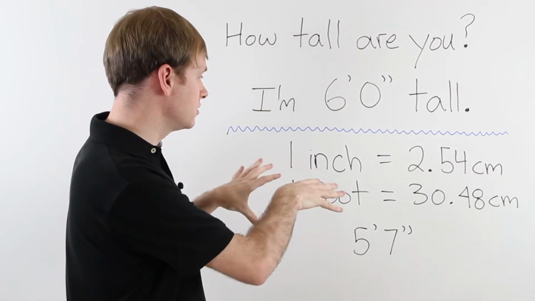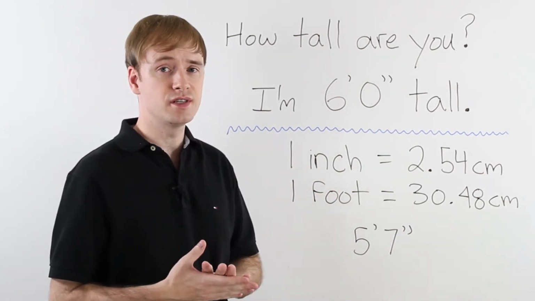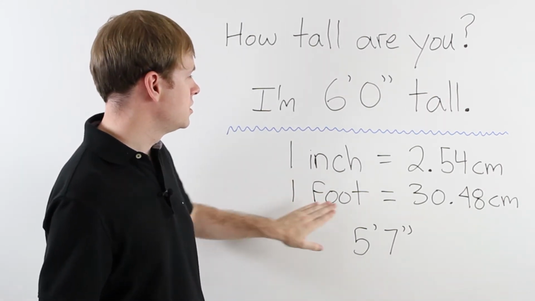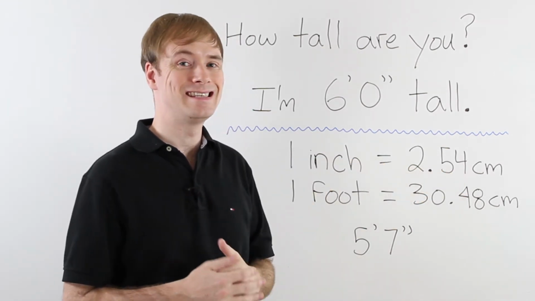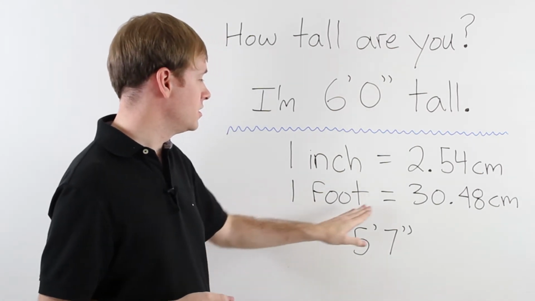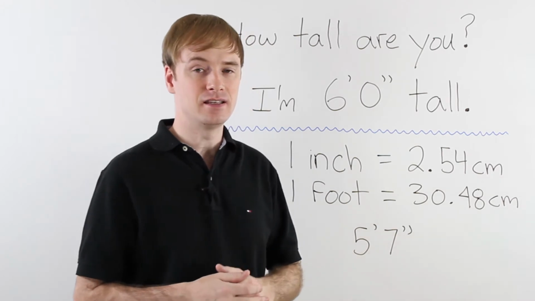So let's take a look at the imperial system. They use inches and feet. So 1 inch is equal to 2.54 centimeters, and 1 foot is equal to 30.48 centimeters.